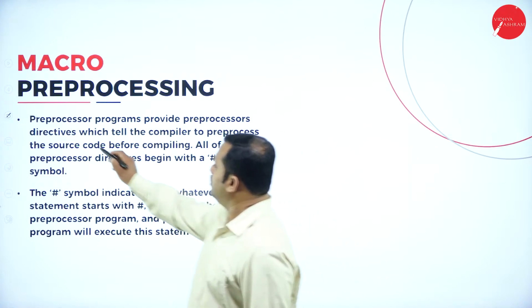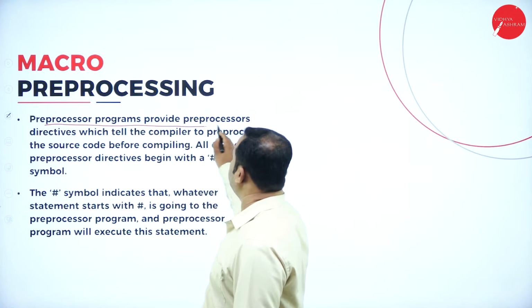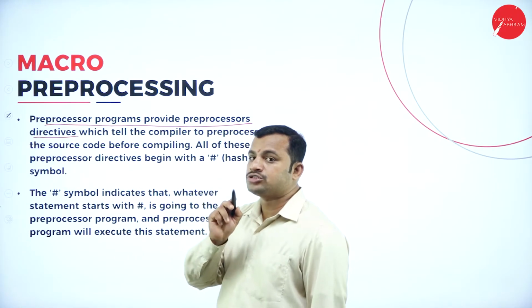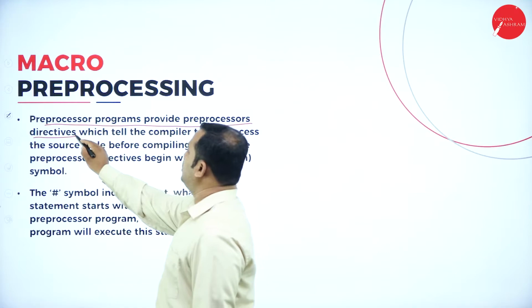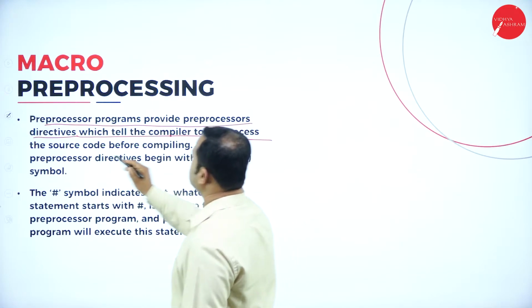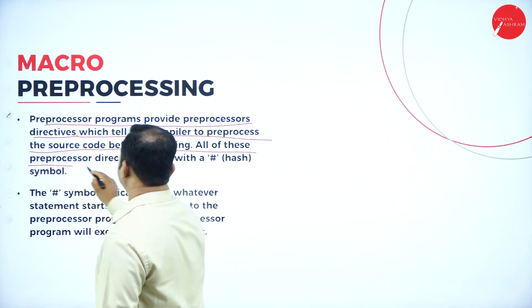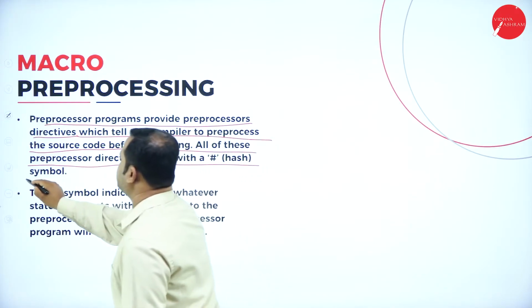Then, the preprocessor provides preprocessor directives, which tell the compiler to preprocess the source code before compiling. All these preprocessor directives begin with a hash symbol.